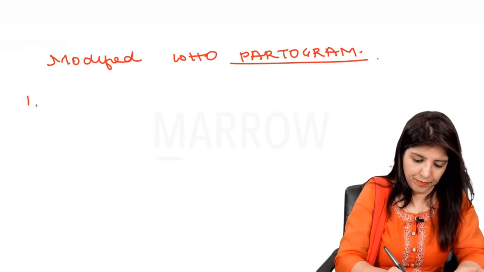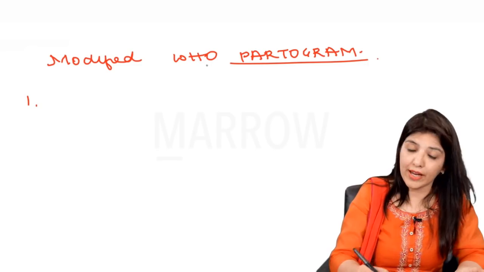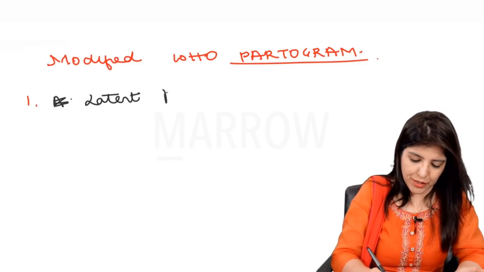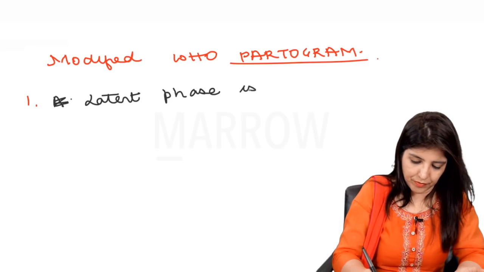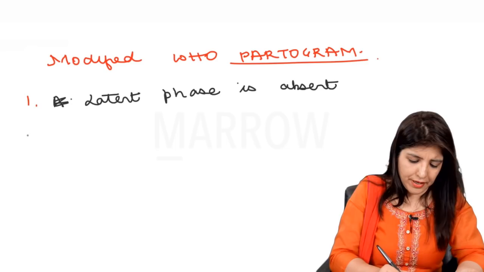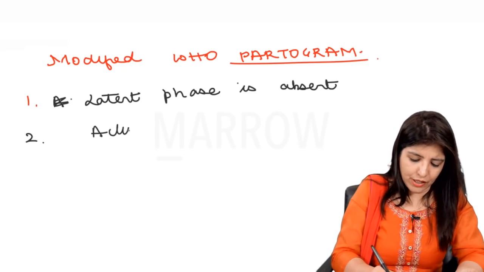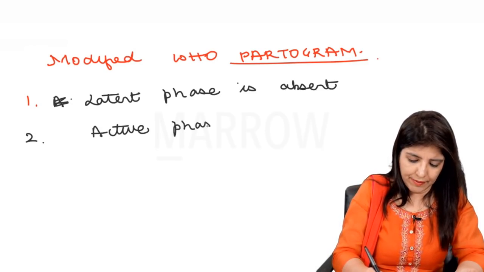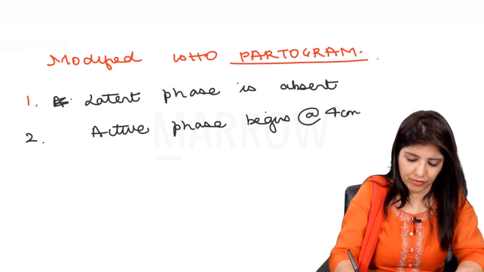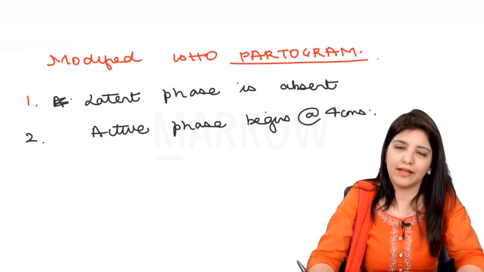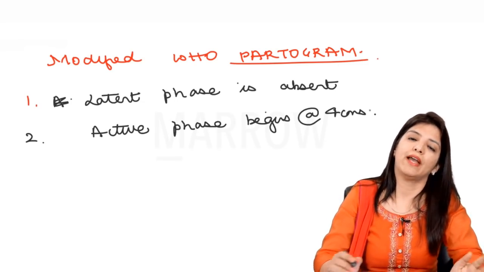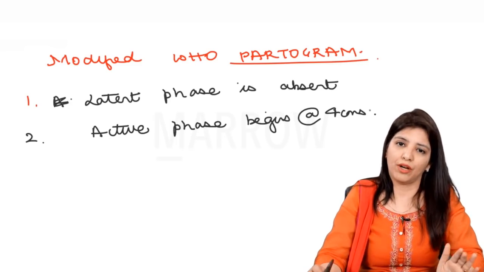Number one, in modified WHO partogram, latent phase is absent. So it's not represented, right? Number two, active phase begins at 4 centimeters dilatation. Clear? These are two differences between modified WHO partogram and composite partogram.